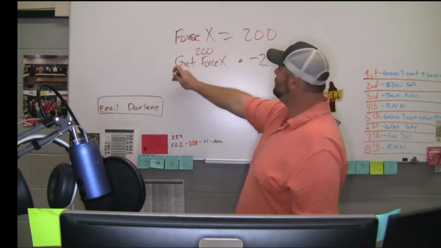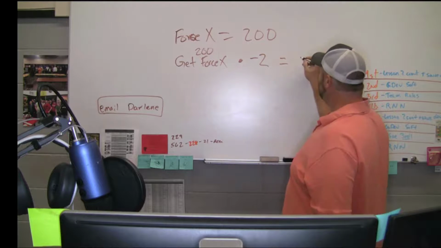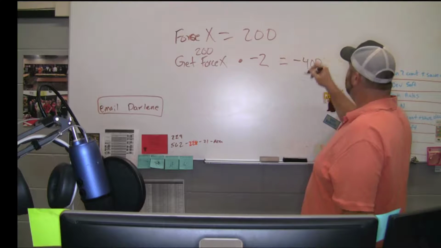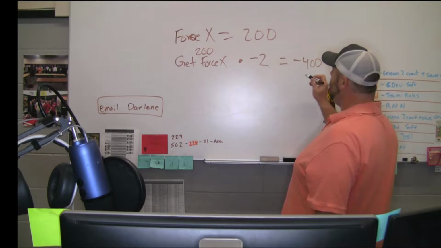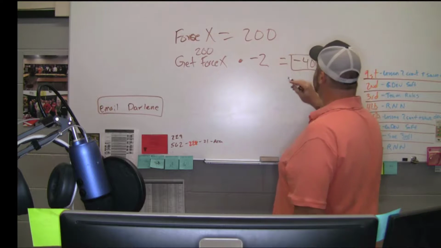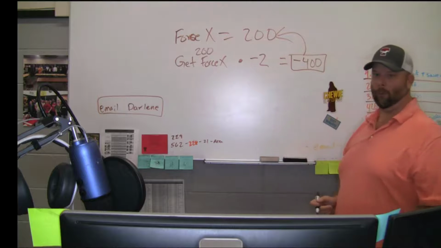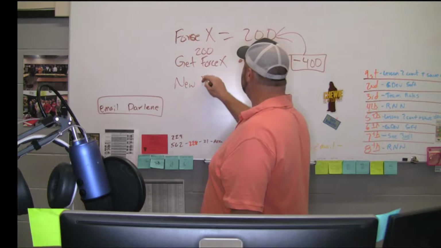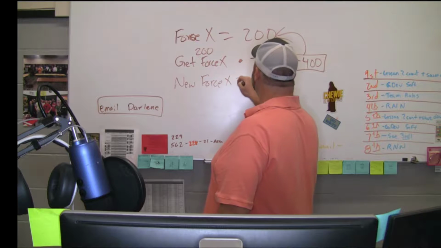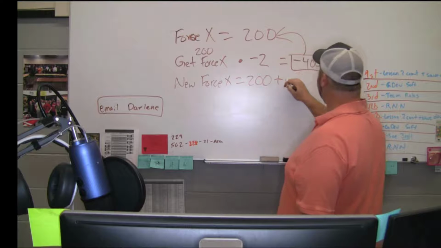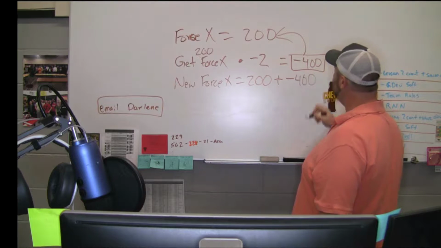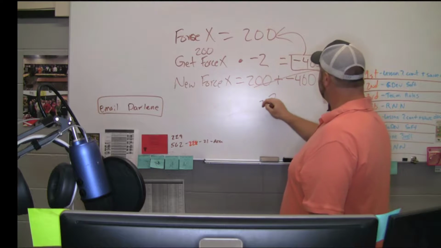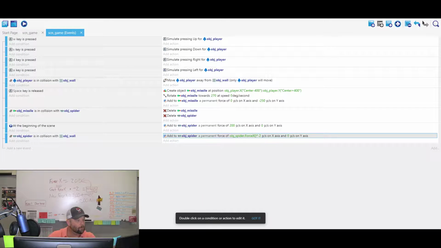So when we just do this portion, the force that we want equals -400. And what we're saying is we want to take this 400 and add it to the current force. So then the new force X equals 200 plus a -400, or -200.